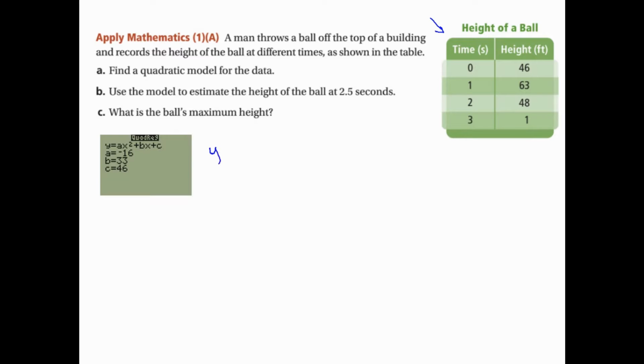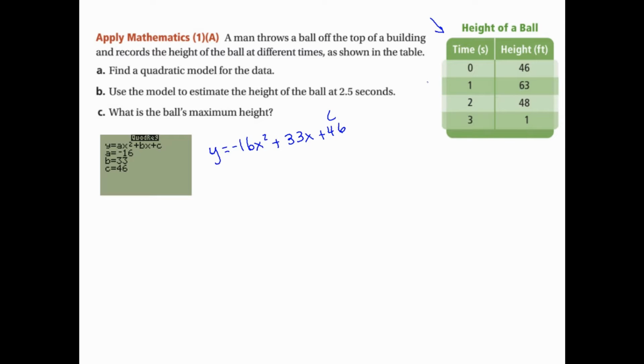Y is equal to negative 16x squared plus 33x plus 46. You can see this kind of makes sense because this 46, you remember your C is going to be your y-intercept. And at time 0, when x equals 0, my y is 46. So it kind of makes sense.